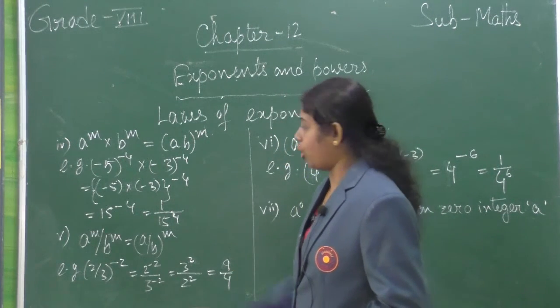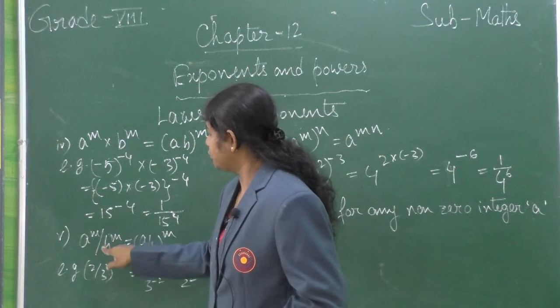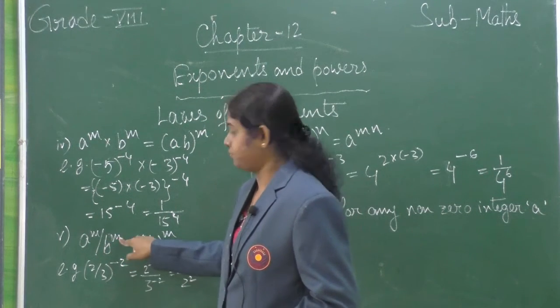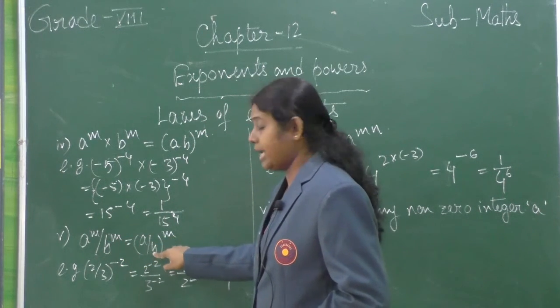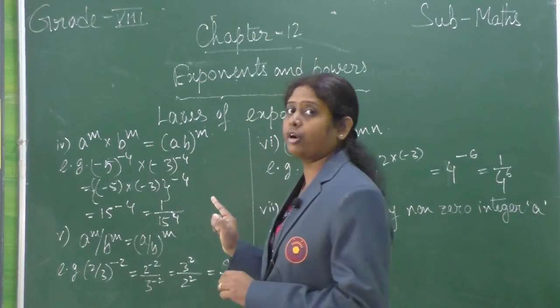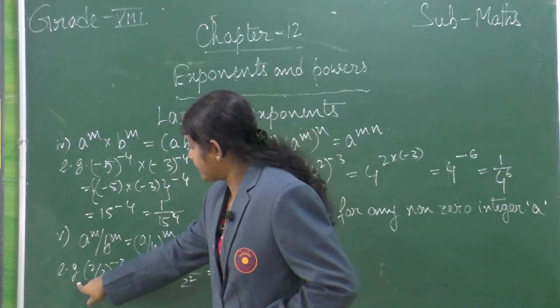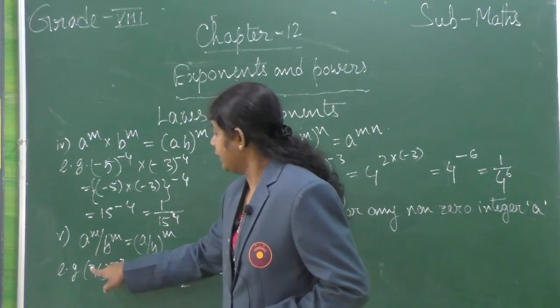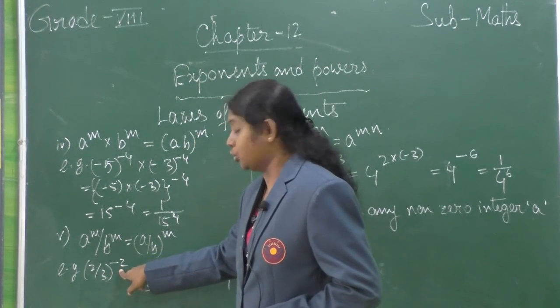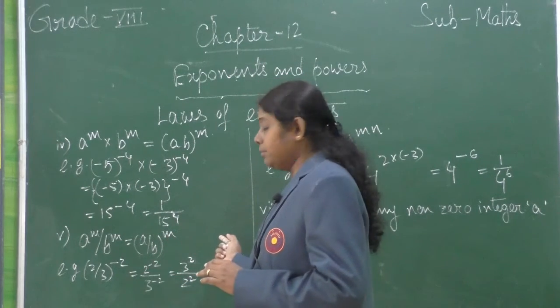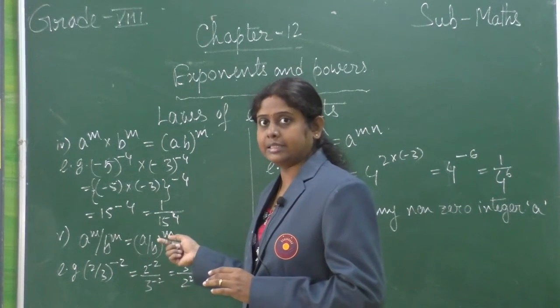Come to the fifth law. a to the power m divided by b to the power m is equal to a by b whole to the power m for any non-zero numbers a, b. Example: 2 by 3 whole to the power minus 2. We will do it from the right hand side.